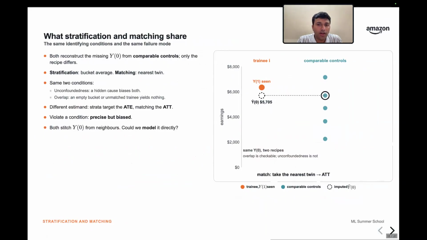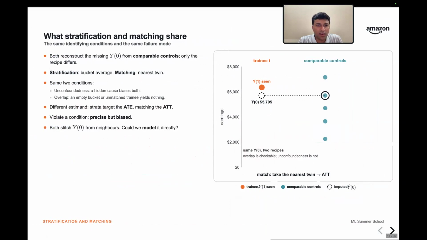So, if you think about it, we are doing very similar things in both of these procedures, right? They are based on the same two conditions. Essentially, both assume that there are no hidden causes or hidden confounders in your data set, and they also assume that you have enough overlap. So, whenever you are doing matching, you have a data point that is very similar or close to your other data point from the control group.